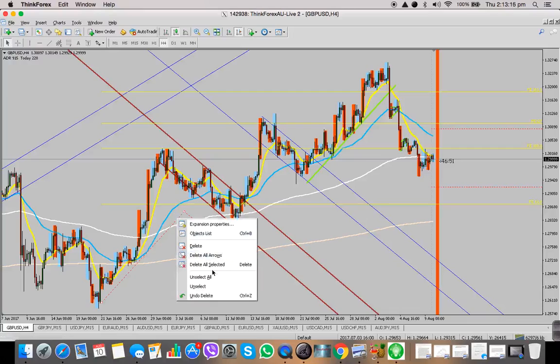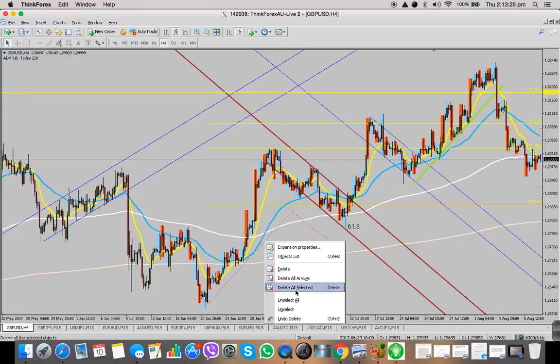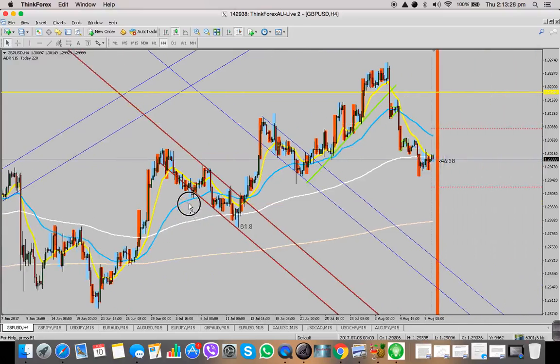So let's do this. Let's get rid of this. Actually, no, let's do this first. Let's draw in where my 1618 level is. Get rid of this, and then say, using the Elliott Wave Structure Fibonacci tool, that this is where the correction will begin from, right?